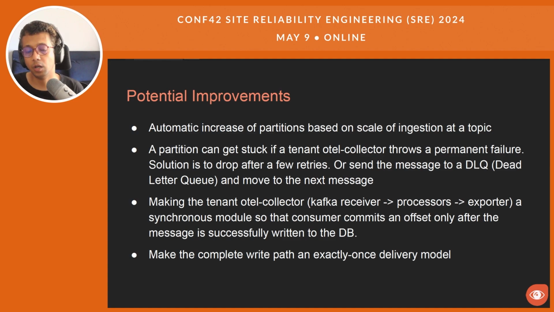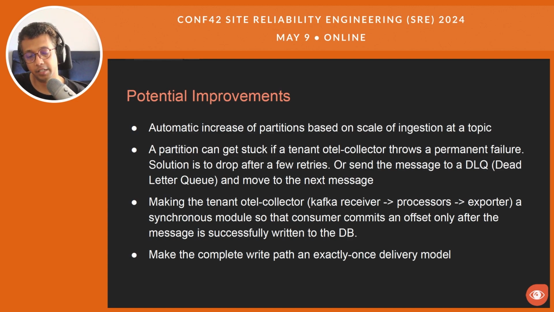Also, making the whole tenant hotel collector, from Kafka receiver to processors to exporter, a synchronous module so that the consumer commits an offset only after the message is successfully written to a DB, giving some guarantee on when the message is written.